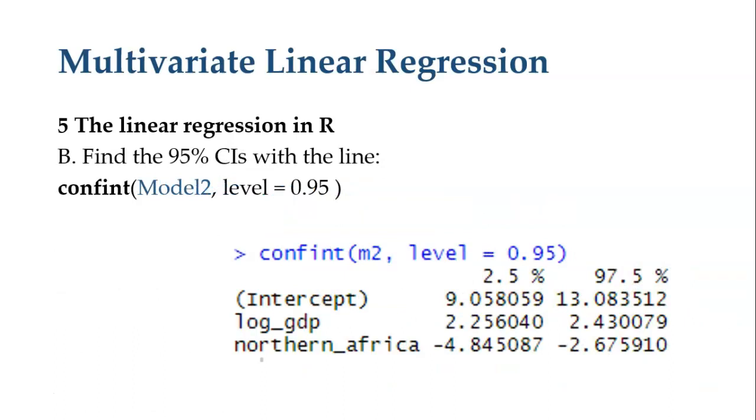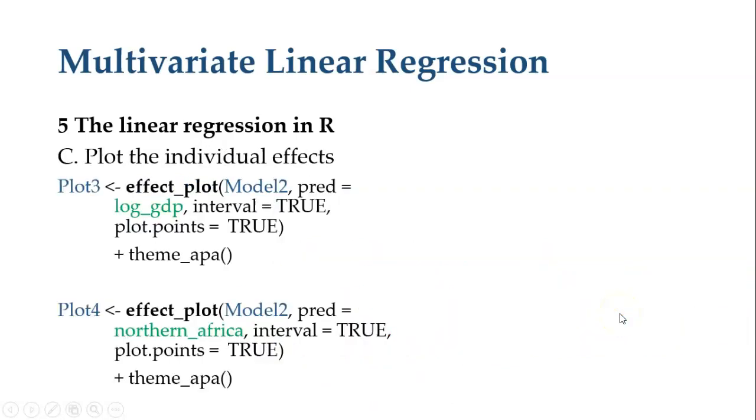We can also use this function, confint, to estimate the confidence intervals of all your variables. And as I said, sometimes you have 10 variables, so this is very useful. You can plot the individual effects of the variables of interest.